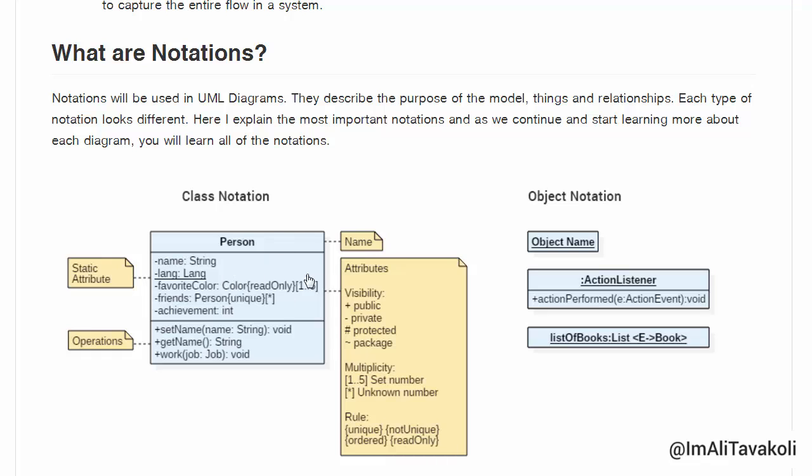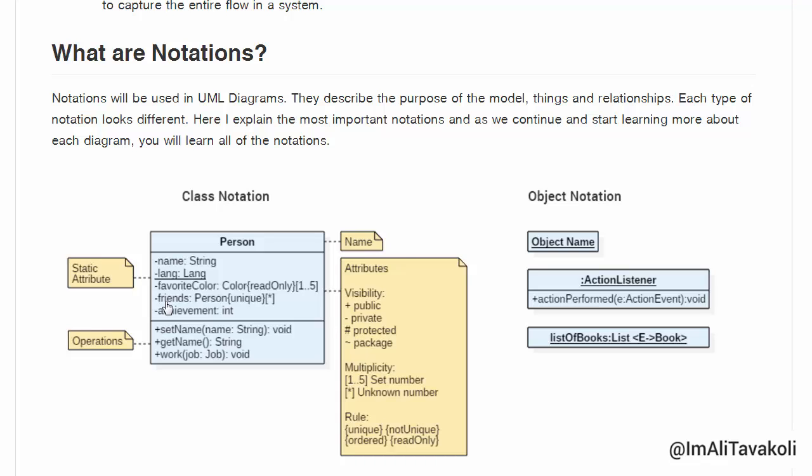It can be initialized 1 to 5. We can also describe rules like unique, not unique, ordered, or read-only, whatever. So for example here, the favorite color must be read-only.